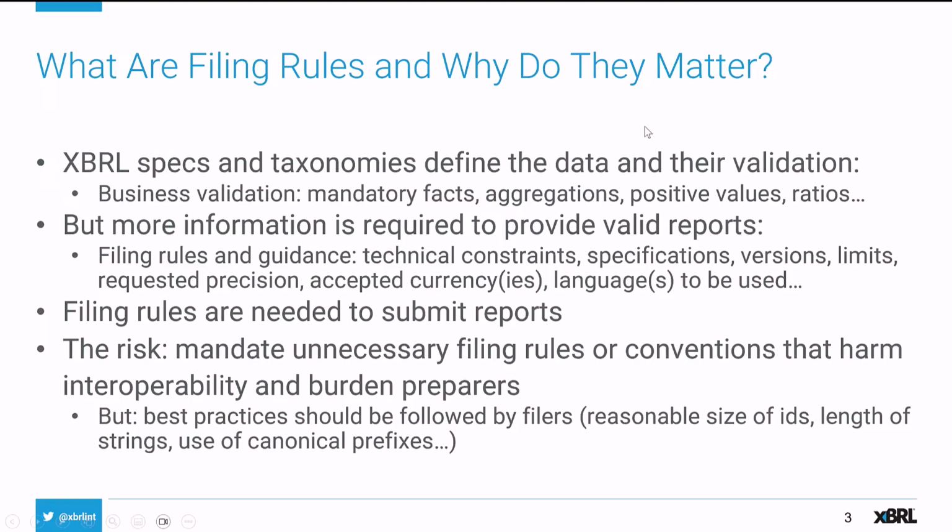The issue is that when a collector specifies too many filing rules, it burdens the system because the software provider has to adapt their software to the specificities of the collector instead of using a standard XBRL compatible system. For example, there are issues about the reasonable size of IDs, length of strings, use of canonical prefixes. We have seen IDs containing a lot of meta information for traceability.